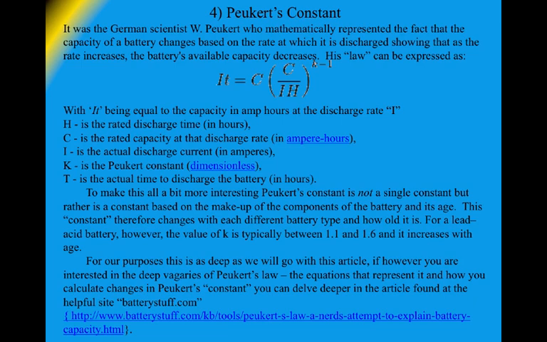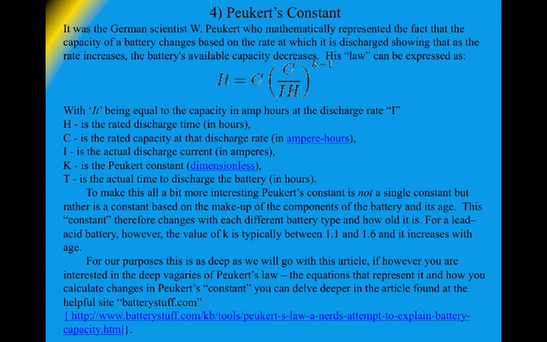Now, what does that mean? We're just going to get into this lightly because Peukert's work is pretty in-depth, but what it means is that I_t is equal to the capacity in amp hours of a battery at a particular discharge rate of I. So in the equation, H here is the rated discharge time.